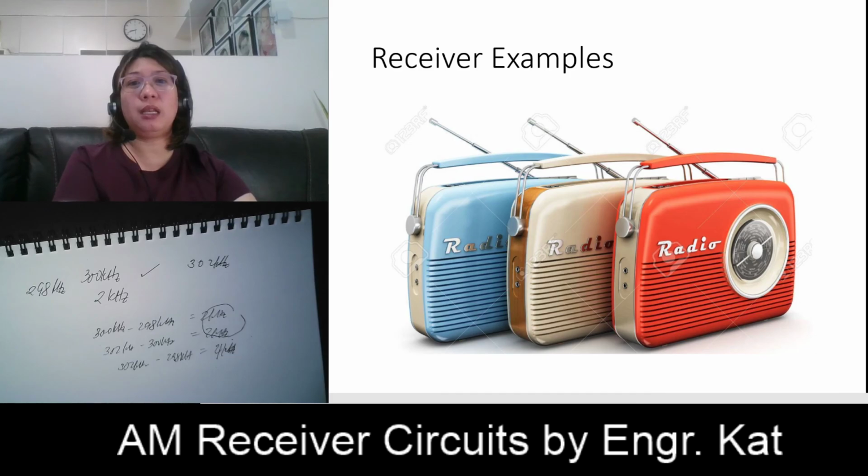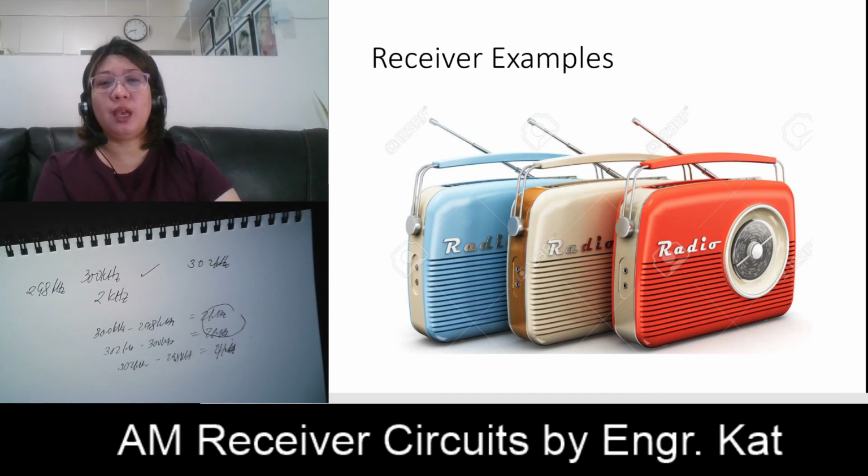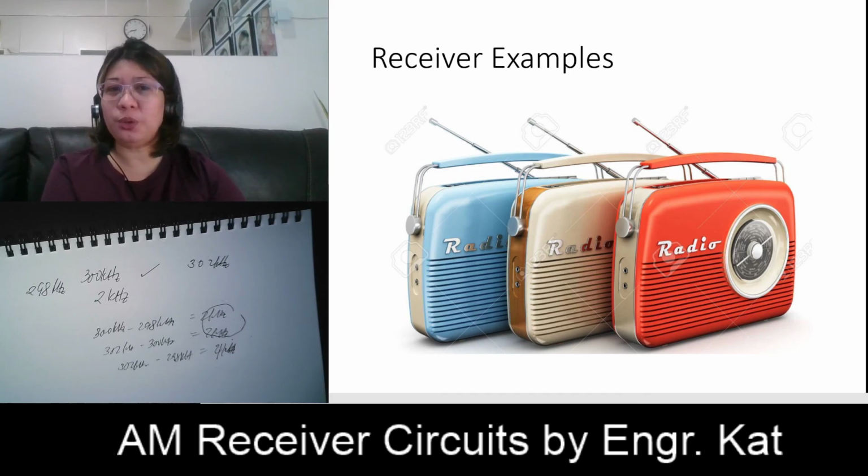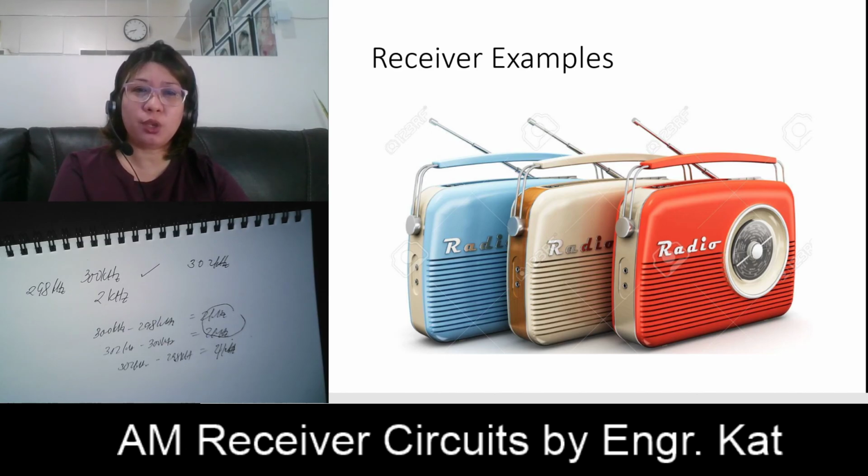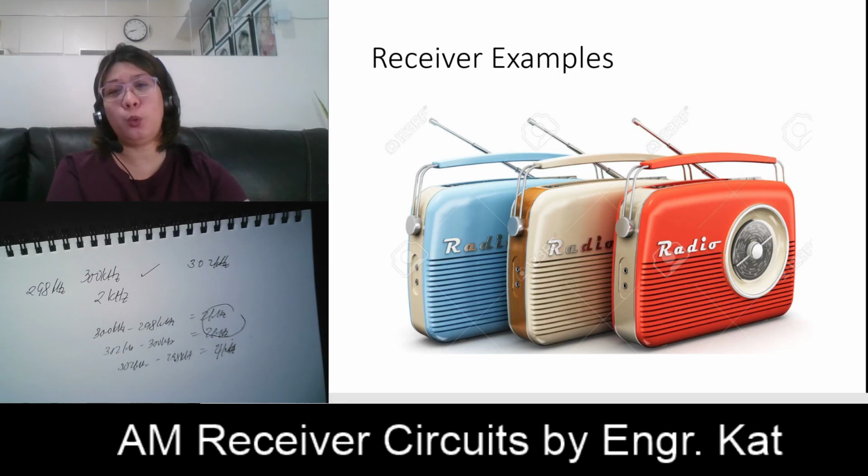And this is an example of a radio receiver wherein you still make use of mechanical tuning, and you have here your antenna so that we can detect your RF signal. Depending on what type of RF signal we are going to make use of, we tune to our favorite specific band of frequency.